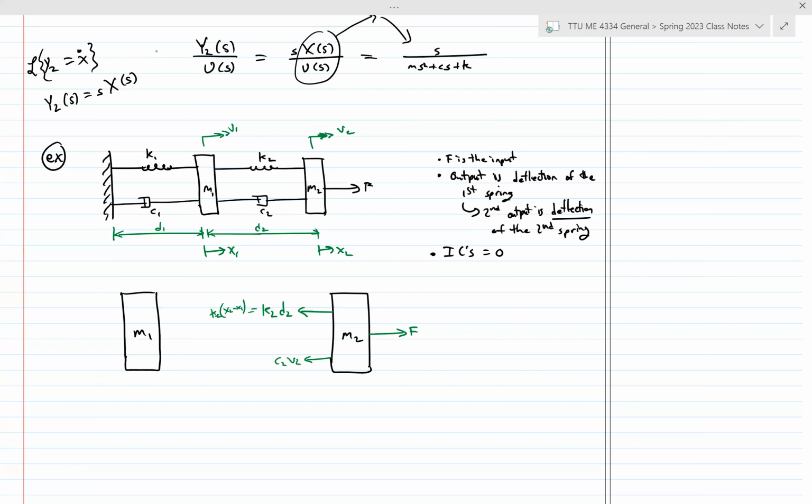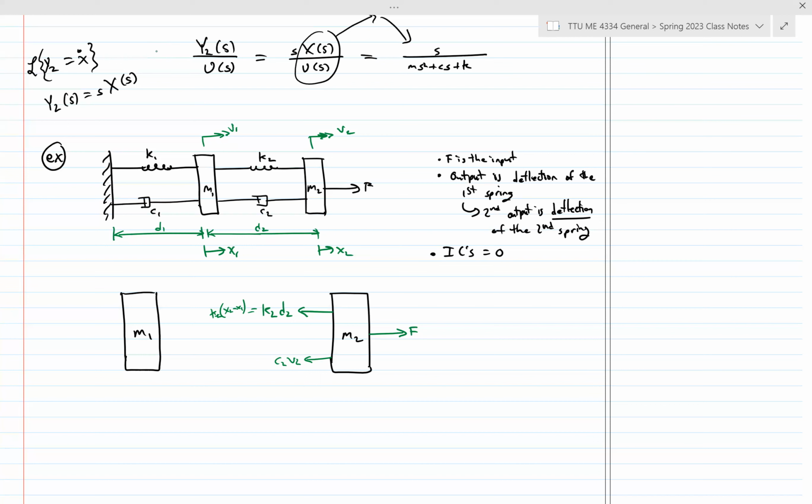All right, somebody else help me out with mass number 1. I have a question. Yeah. The damper, would that be V2 or is it a net velocity? What do you think? I'm inclined to say net velocity because we talked about how you have two endpoints and it's their net. I would agree.